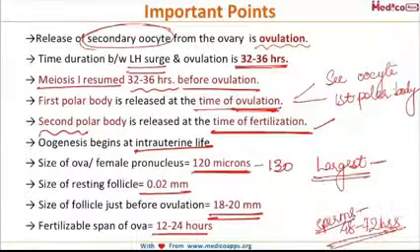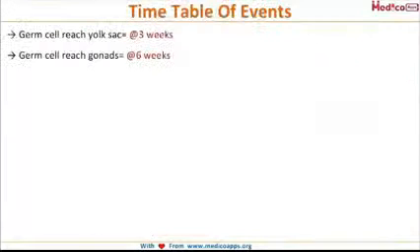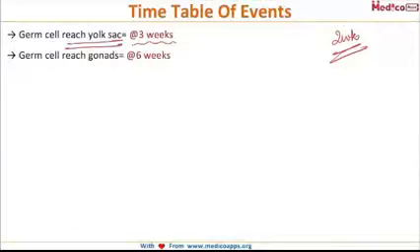Now a few points regarding the timeline. When does what happen? We'll start with the formation of germ cells from the epiblast. The germ cells are formed from the epiblast at 2 weeks of gestation, and these germ cells then migrate to the yolk sac at 3 weeks of gestation.